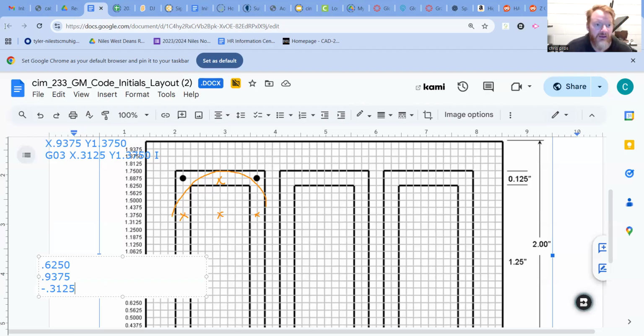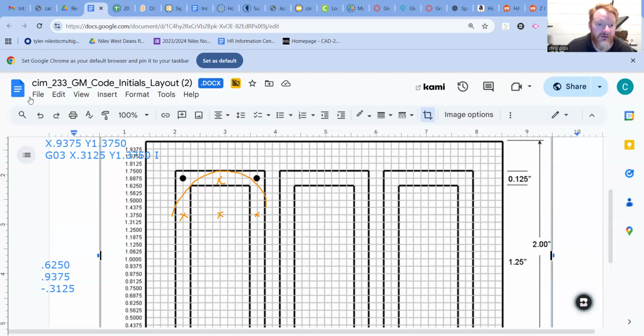So I don't know if this is going to let me get back into this one. I'll just try to do it here. So my I is negative 0.3125. My J is 0. Why is my J 0? Because the Y never goes up or down. It stays on the same line. So let's take a look. I have my starting point right here.